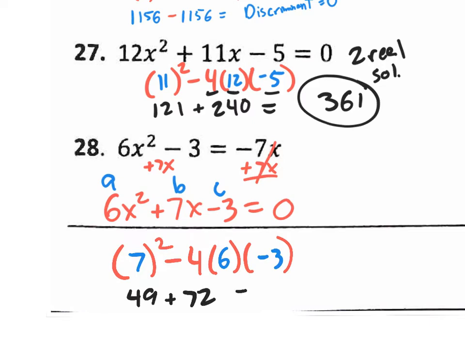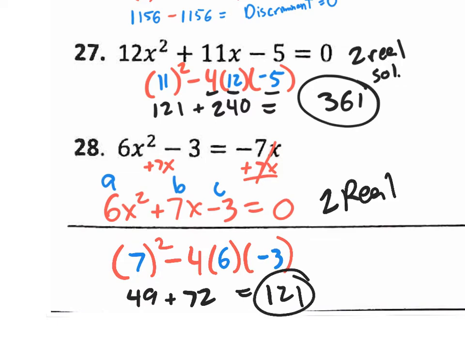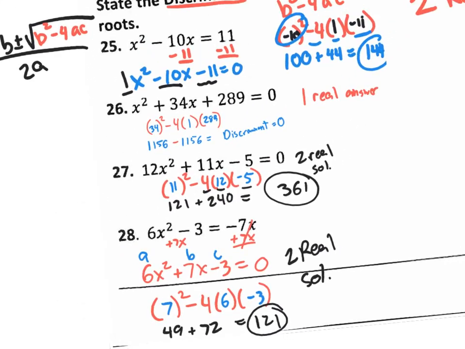And 49 plus 72 is 121. Okay, so the discriminant is 121, which means we're going to have 2 real solutions. They're not even asking us to actually find those solutions. They just want to know what your discriminant is and how many real solutions you have.